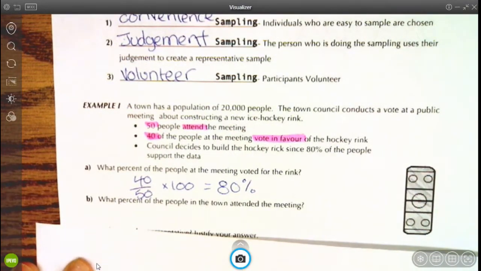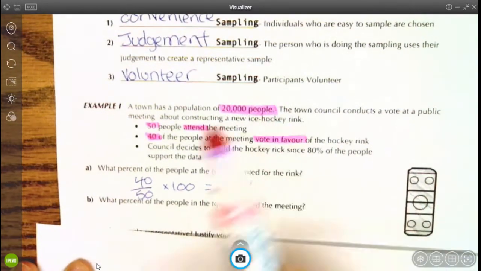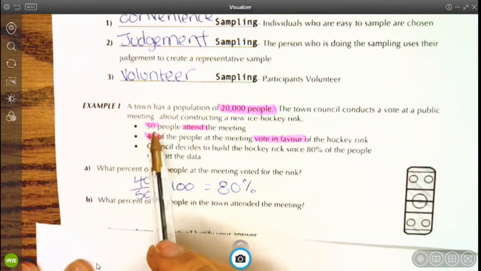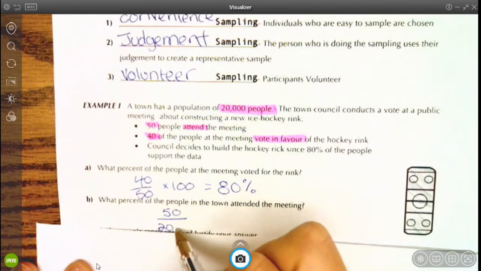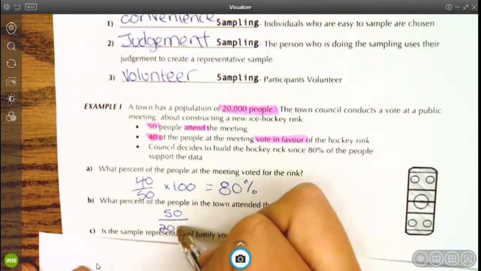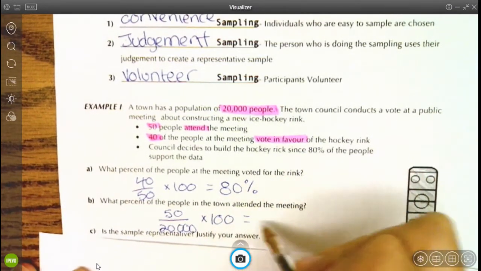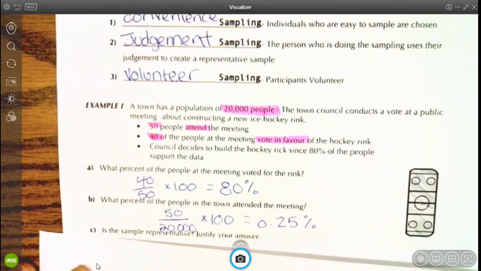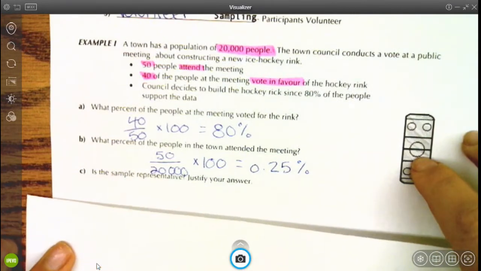Up here, we said that the town has a population of 20,000 people, but only 50 of those 20,000 people showed up to the meeting. So 50 out of 20,000 times 100 is 0.25%. So not a very good representation of the population.